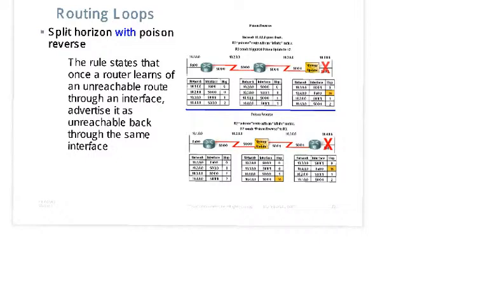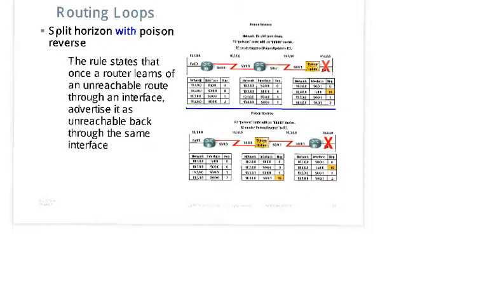So poison reverse here means that I will update the hop count of this network as 16. When I do that, I will send a special update called a poison update.